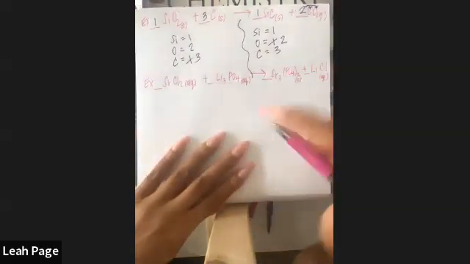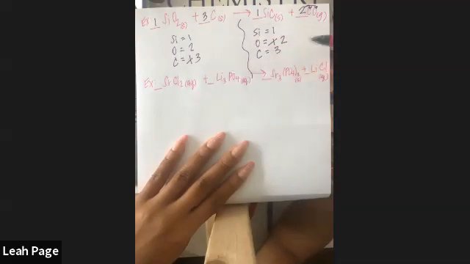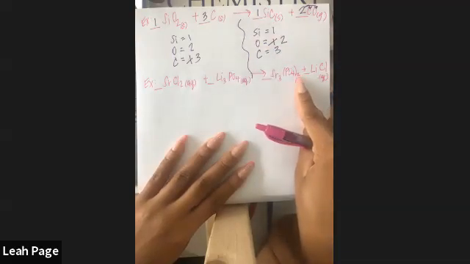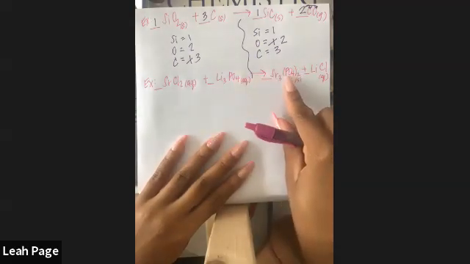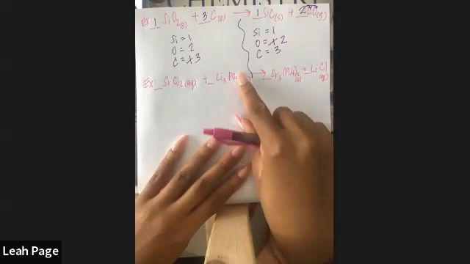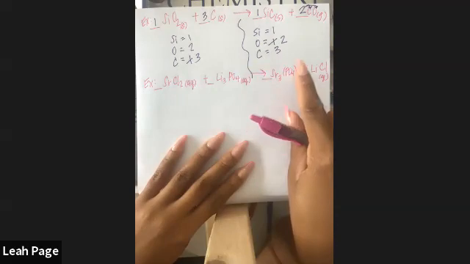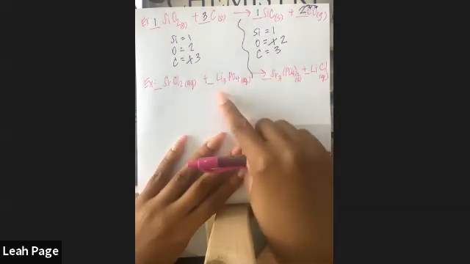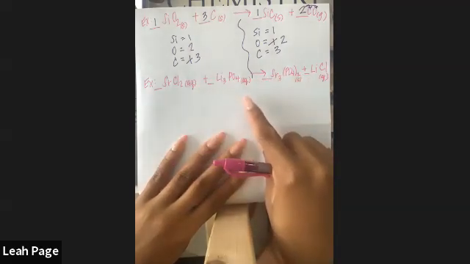Meaning, I wouldn't say I have 1 phosphorus and 4 oxygens here. I'd say I have 1 phosphate group, and then on this side, I have 2 phosphate groups because there's a subscript of 2 here. It'll work out just fine if you break it apart, but it'll take you longer. The easier thing to do is keep the polyatomic ions together as long as you have one on both sides of the arrow sign. That way you can say, I have 1 versus 2, I just need to multiply this by 2.